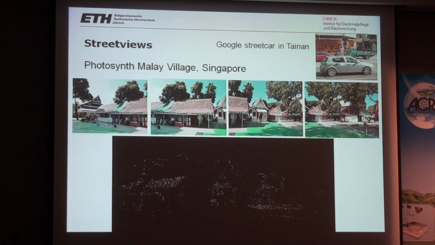It is full of blunders. If you use a point cloud for modeling, you go nowhere, okay? Because you don't understand the structure. There are too many blunders, there are important points missing. So if you want to model this, you have to go back to the images and use image information for modeling. Point cloud is not good enough. This is what Photosynth gives you, automatically, quick but dirty. Do we want this? I don't know.